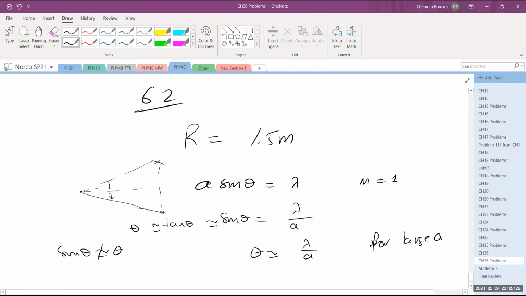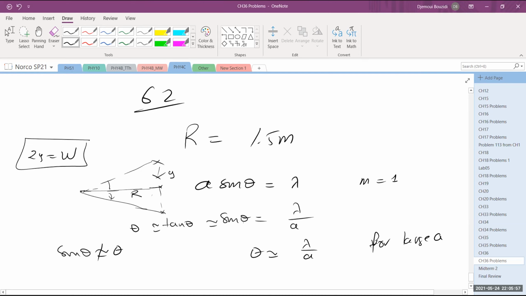Okay. So in this case, tangent theta is this distance, which we're going to call y, divided by r. And twice this distance is the width we're talking about, so 2y is w. So for large values of A, sine theta becomes very small because lambda over A is small.